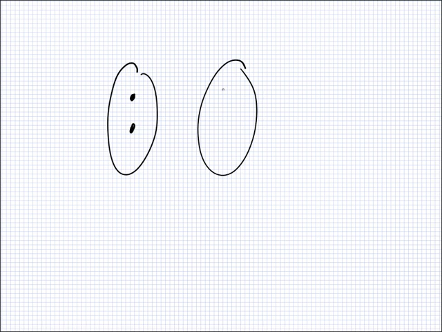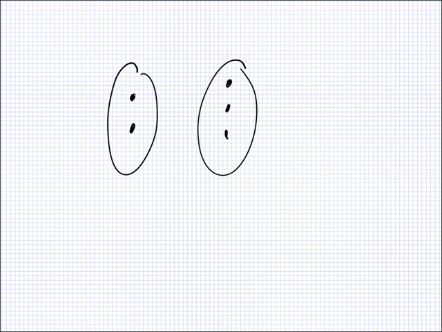So let's have a look at the first one. Is it many-one? No. It's many-many. Let me draw it. Here we have a, b, and here we have x, y, z.